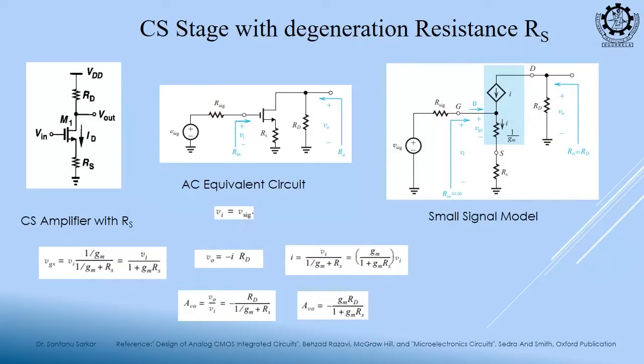Last day we have seen the small signal analysis of the common source stage with source degeneration. If you consider the T model, what is the CS stage?